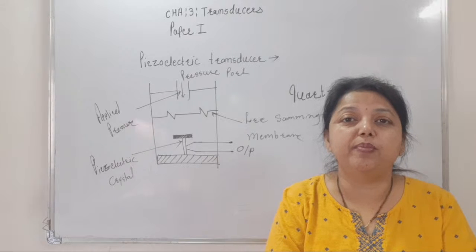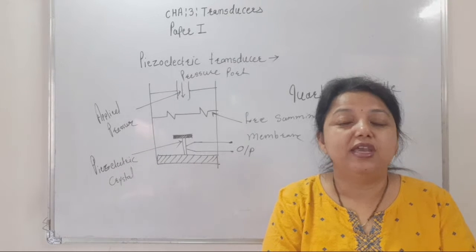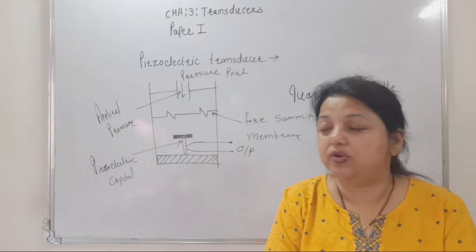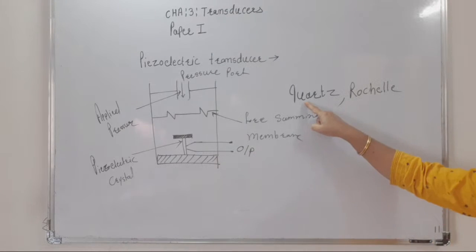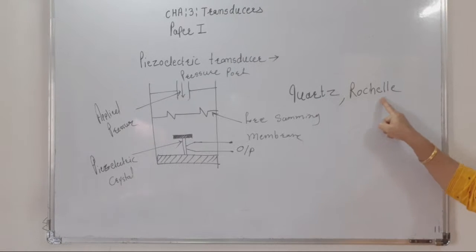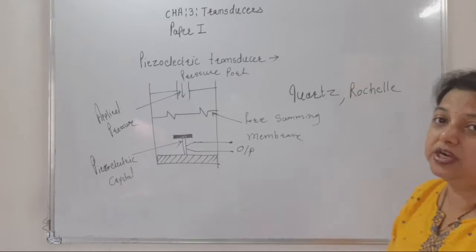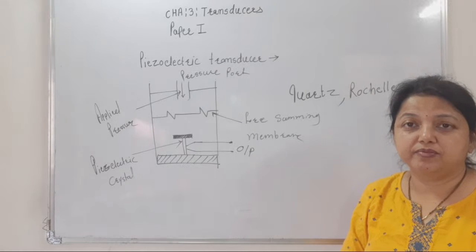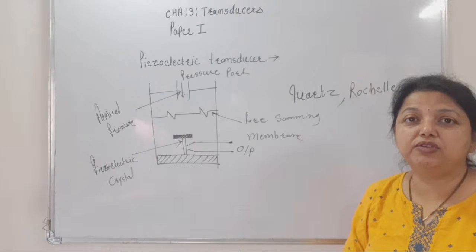Okay, that is the property of that crystal. Not every material gives you piezoelectric effect. Only two types of crystals, that is quartz crystal or Rochelle crystal, when subjected to pressure, then EMF is generated across them. Do you understand? Go through it once.